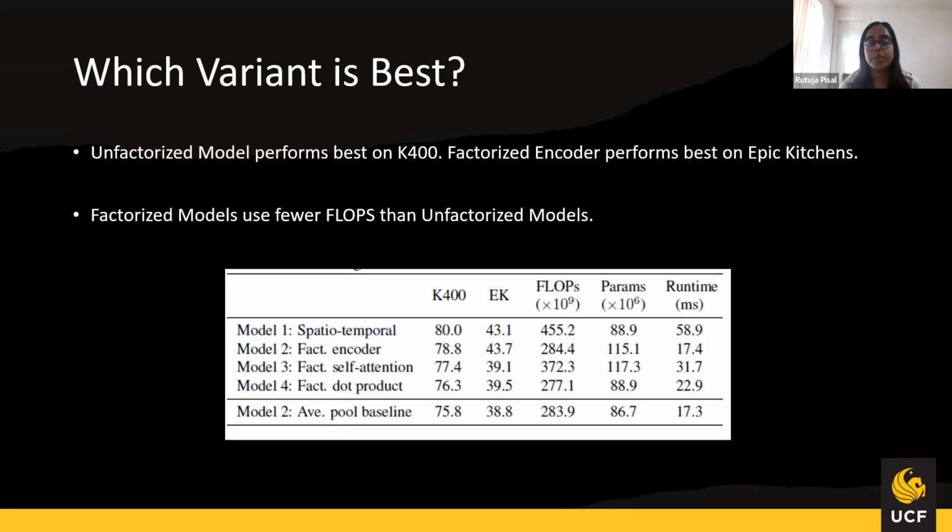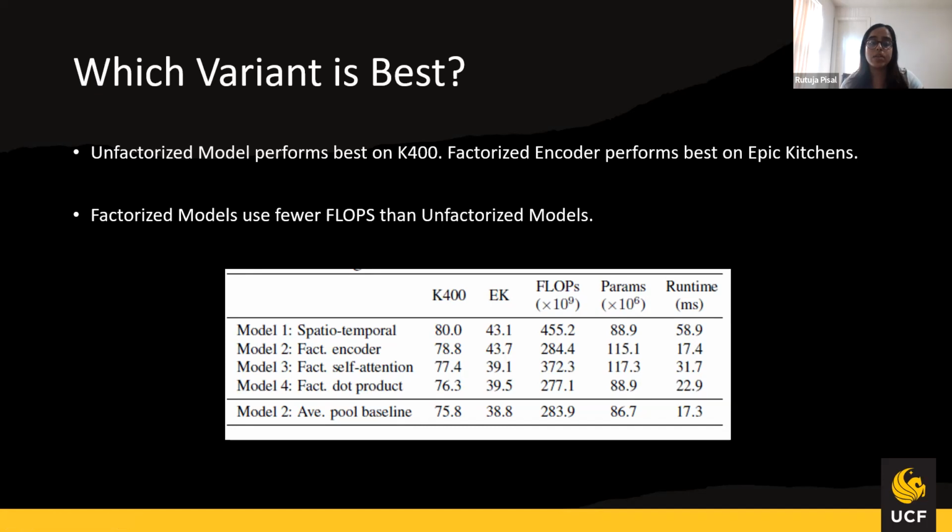Now there is one more average pool baseline model, which you can see at the last row, that they have used with the model 2 backbone, which means that they are not using any temporal transformer, but taking the output from the spatial transformer, averaging them and predicting the classes. From the table, we can see that the accuracy for the average pool baseline model drops, which means it needs a better architecture to model on the EK dataset as well as the K400 dataset.